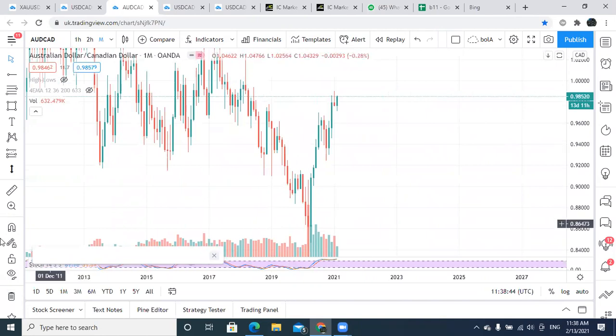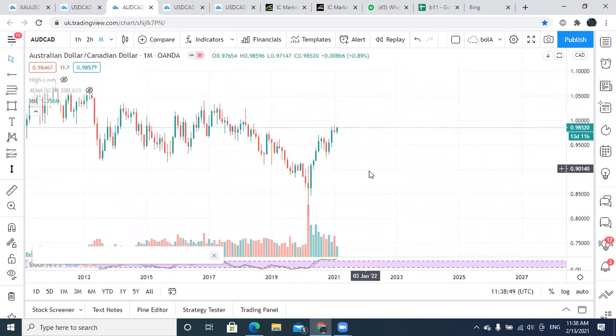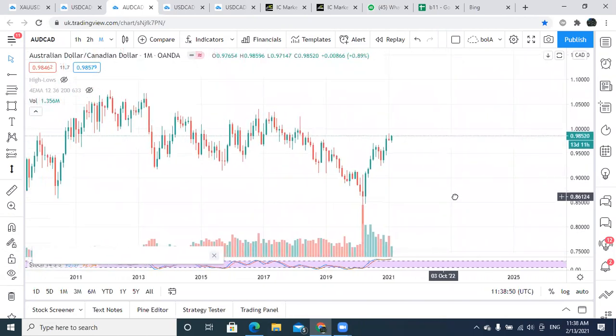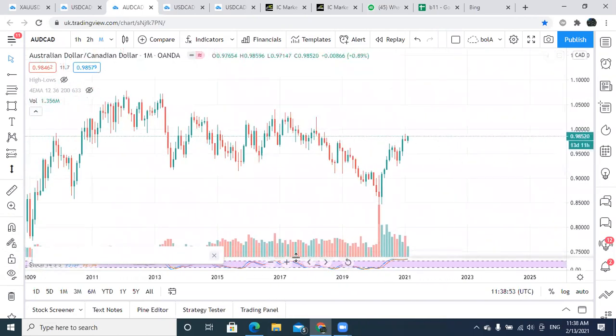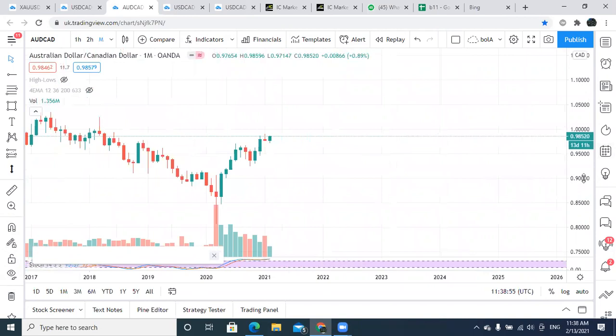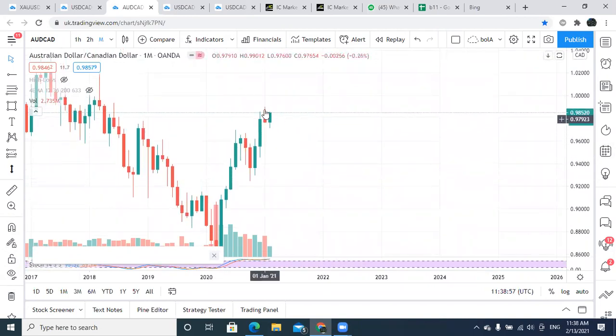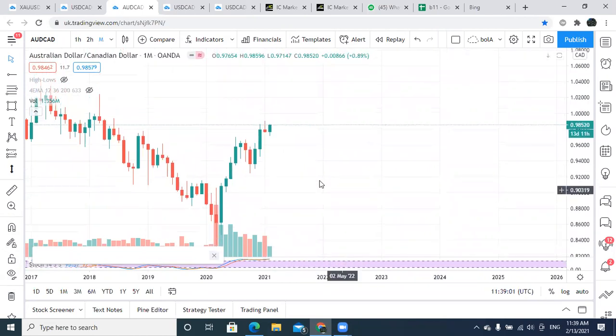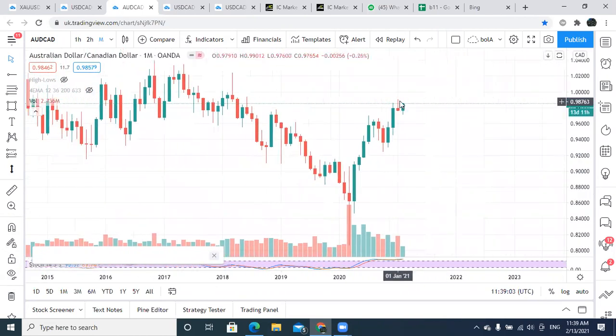So what we are seeing again is that AUDCAD is not as strong as the Aussie yen, because we've traded below the low of the previous month, right? And everything that's happened can start to become a sell-off, and this can be a bonus sell-off for us. That is just the first idea that I see over here.